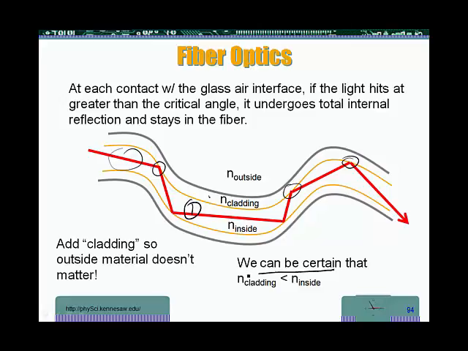But with the cladding, you can set it up once and for all, and you can set it up for the particular frequency of light that you are going to be sending, and you'd like to make sure that the index of refraction of the cladding is less than the index of refraction of the translucid material of the fiber.